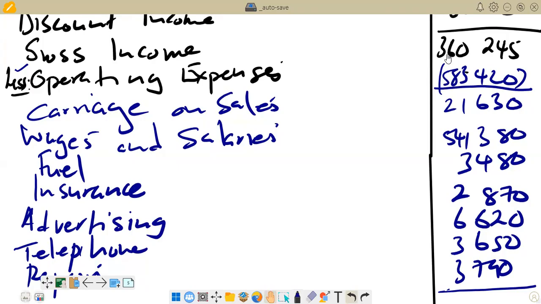But if gross income is greater than operating expenses, it means the answer that you are going to get there by subtracting is going to be a positive figure. So that positive figure represents now a net profit. So in this case, we are going to have a net loss since we are having a smaller figure of our gross income. So we subtract the two here.